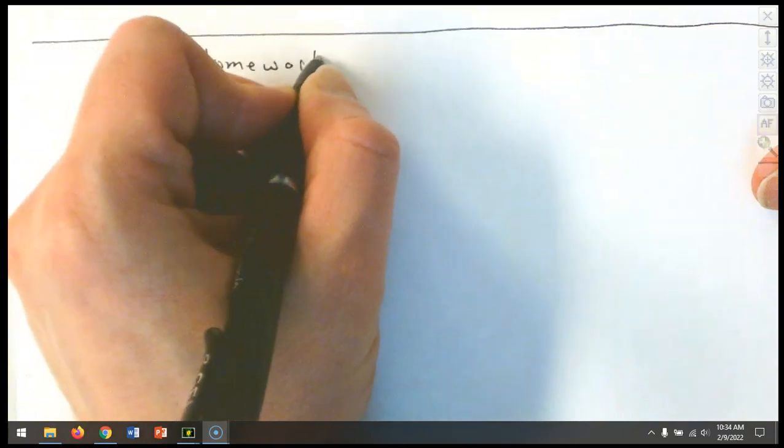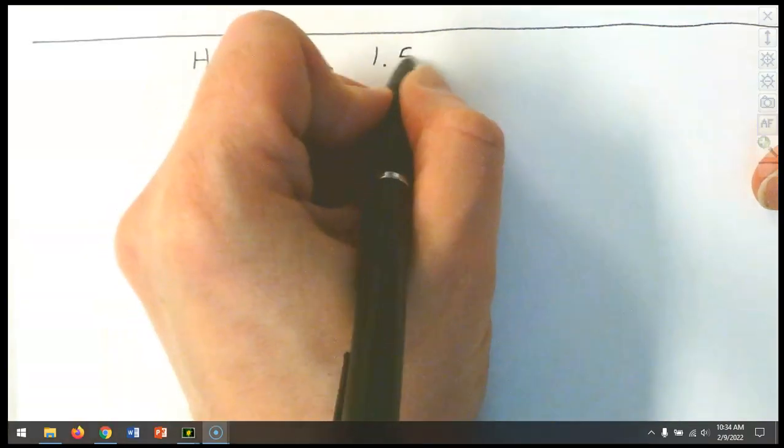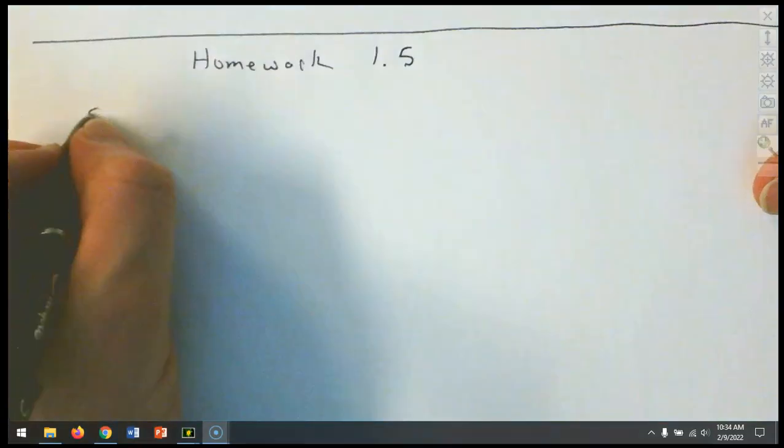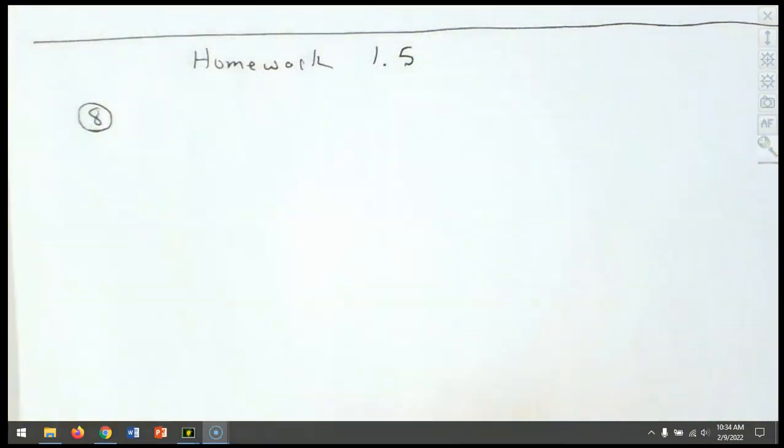Now let's set up a couple of these applications. So let's look at our homework. 1.5, and I'm going to set up question 8 for you.